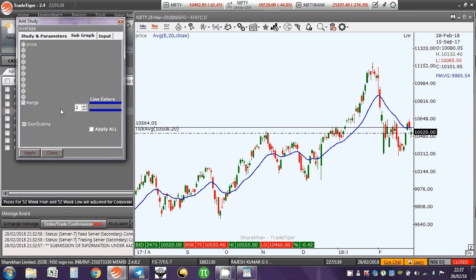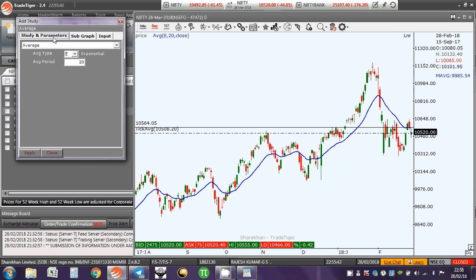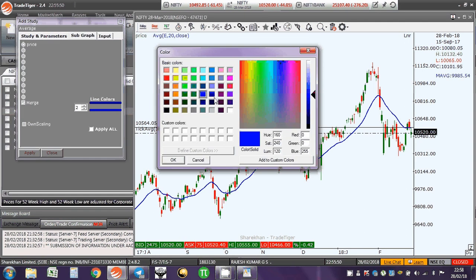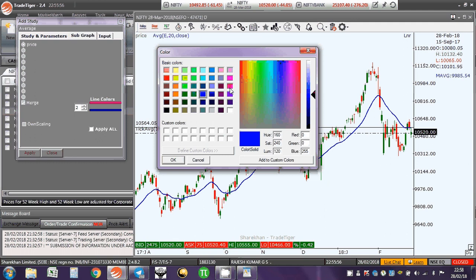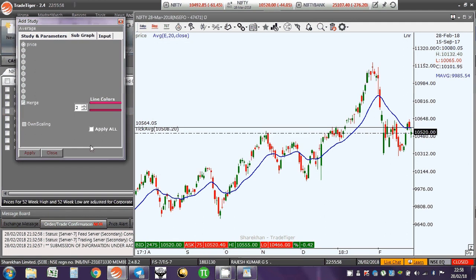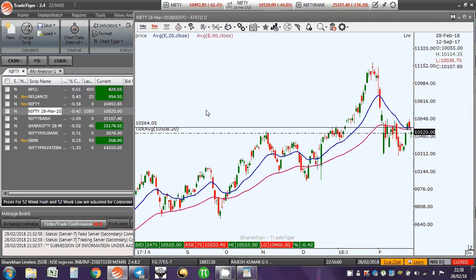I'll apply. So this is 20 EMA. Again I'll go for 60 EMA. We'll color it in a different way. Apply. Okay, and the process is the same.